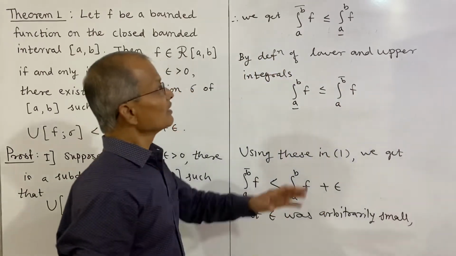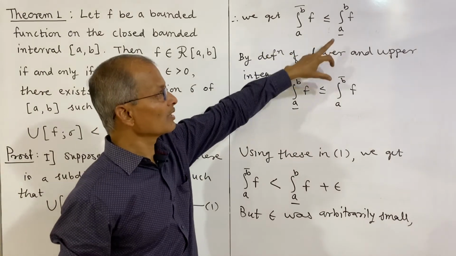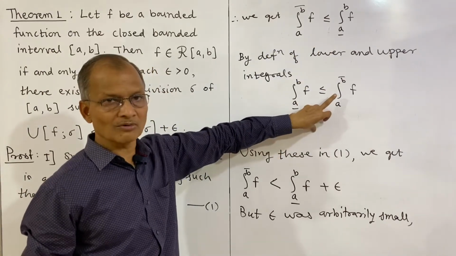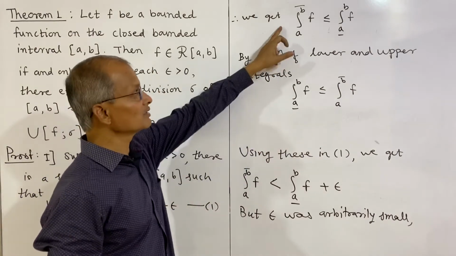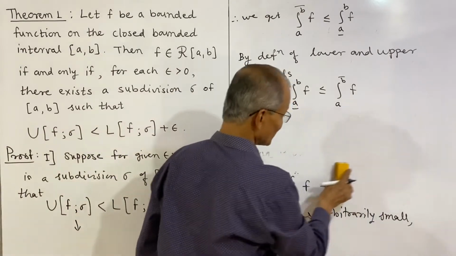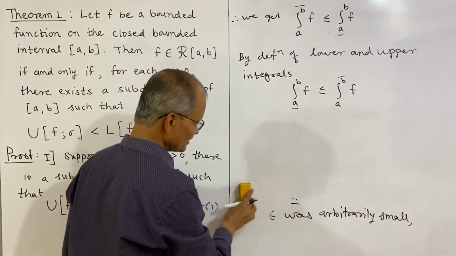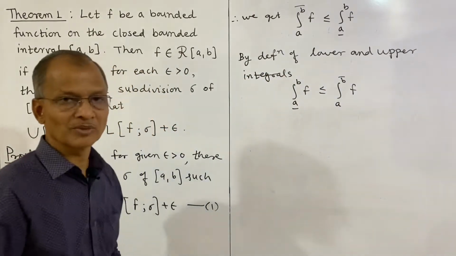And now see, these are less than or equal to each other. Here the upper integral is less than or equal to the lower integral, here the lower integral is less than or equal to the upper integral. This follows by the definition. This is always true, and this is true in this case, and therefore these together will imply they must be equal. If two quantities are less than or equal to each other, then they must be equal.